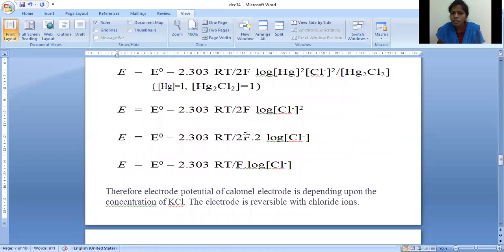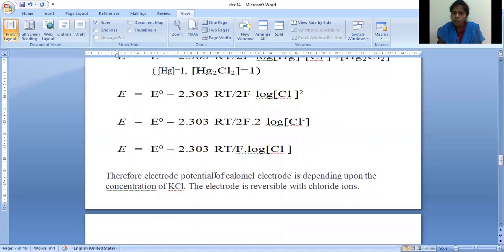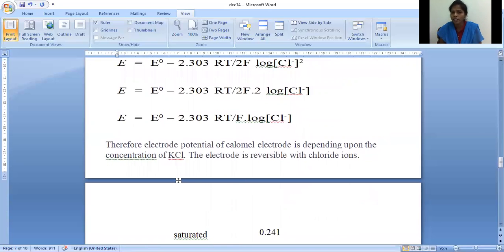So when we cancel 2 and 2, we will get E naught minus 2.303 RT by F log Cl minus. Yes. So this is the Nernst equation for saturated calomel electrode or the standard calomel electrode. So therefore, electrode potential of calomel electrode is depending upon the concentration of KCl. The electrode is reversible with chloride ions.